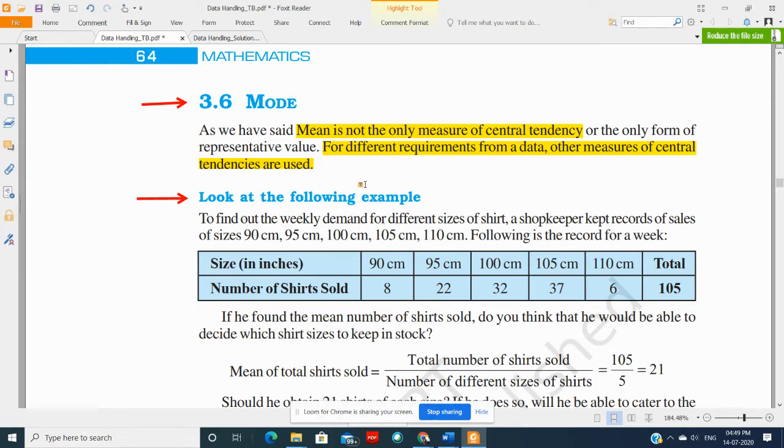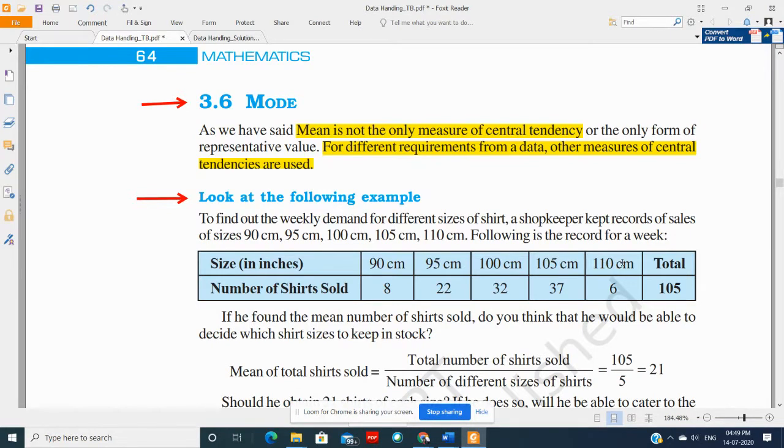Now let's look at this example so that we have a clear idea why we need other representative values other than mean. Here they have given these sizes of shirts: 90 centimeter, 95 centimeter, 100 centimeter, 105 centimeter, 110 centimeter, right?